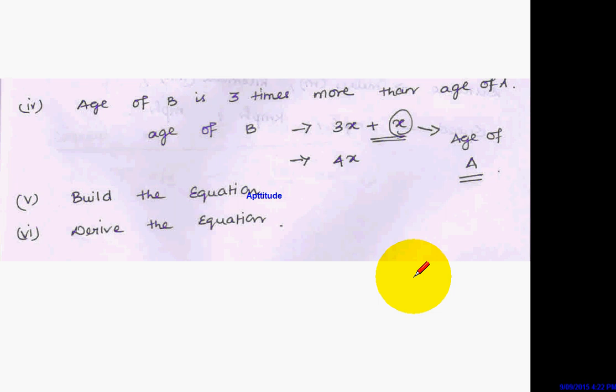Once we have framed the expressions, like x minus 4 or 3x or 3x plus 4, whatever it is, we need to build an equation so that we can solve for the value of x. These are the steps we have to follow to solve age problems.